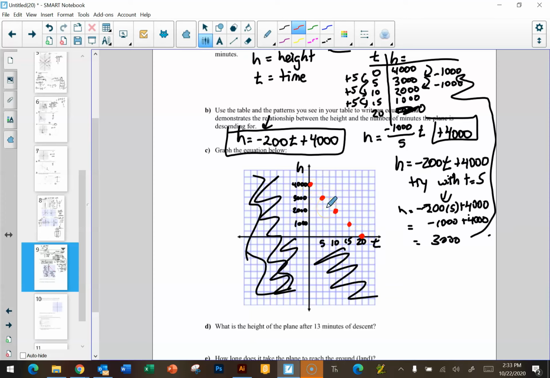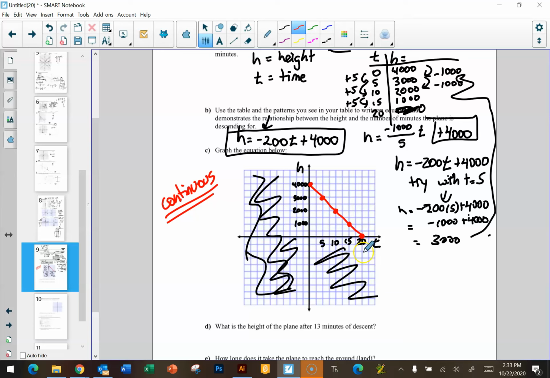So this is an example that it would be continuous, just because of what we can read from the problem. You know that a plane can't just magically disappear and appear at a different height. You know it has to be going down continuously the whole time. So this one indeed would have to be joined points all the way to the ground.